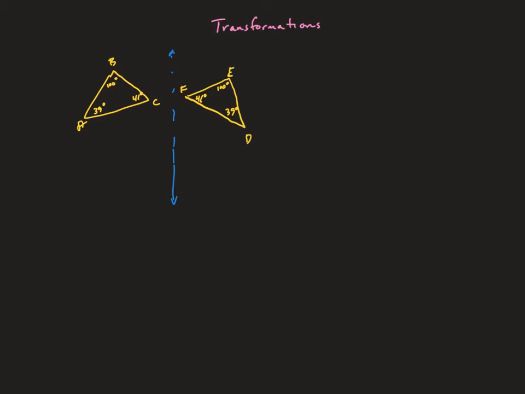Just for example, if one triangle had been ABC, right? So clearly it is going to be the same degrees, but then one of the triangles is much larger than the other triangle.